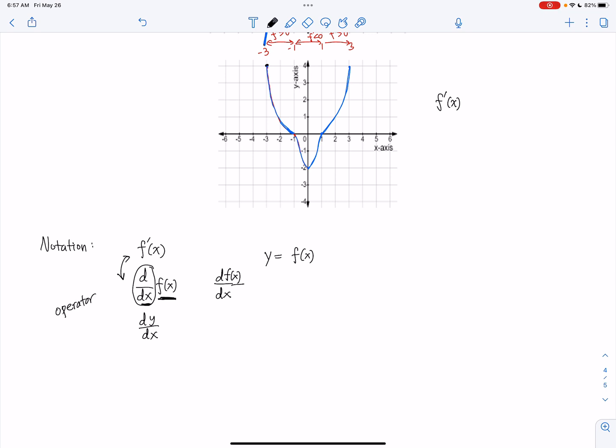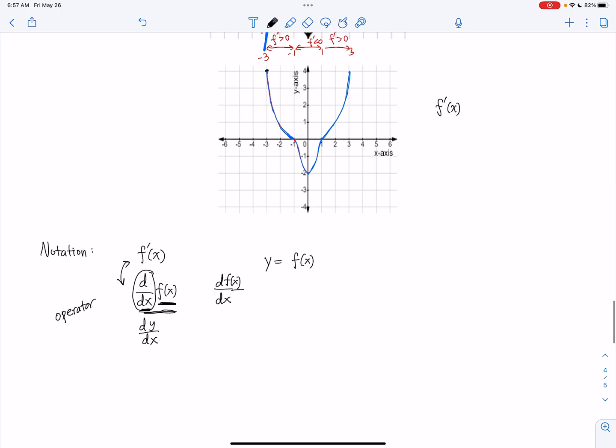That means d/dx will do something on f(x), and that operation will be, let's take the derivative. So either d/dx and then f(x), or df(x)/dx. These two are totally equivalent. It's just personal taste. You can do any one of these.